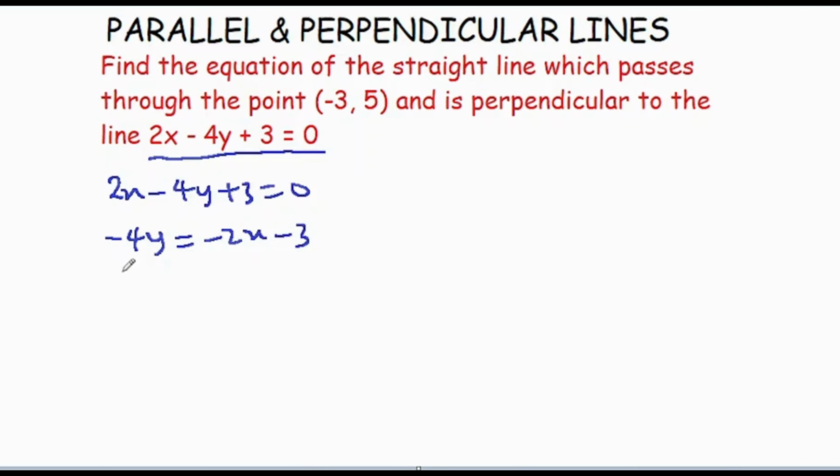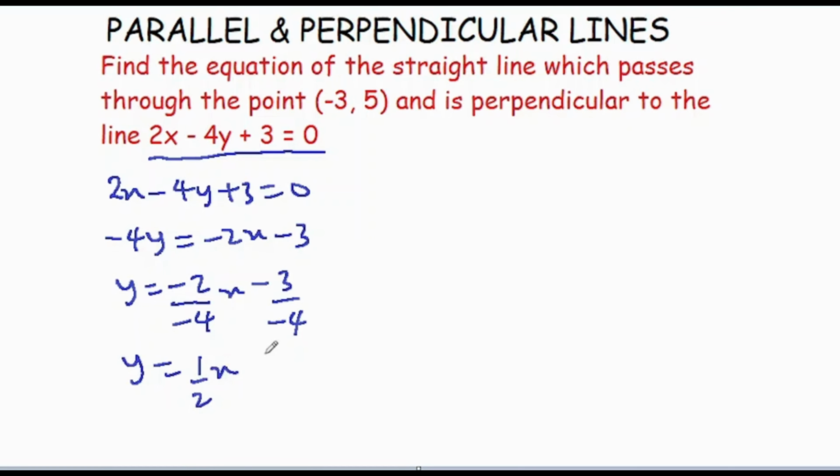So divide all through by negative 4. So y is going to be negative 2 over negative 4 x, negative 3 over negative 4. So this is just going to give us y equals 1 over 2, that's half of x plus 3 over 4. So the slope here, the coefficient of x, let's take this to be m1. The coefficient of x is half.